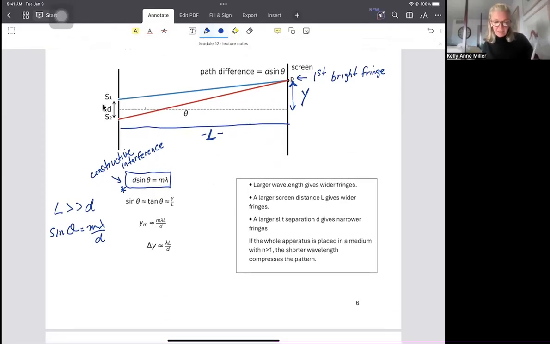Assuming the distance to the screen is much larger than the distance between the slits, you can say that tan theta equals y over L.